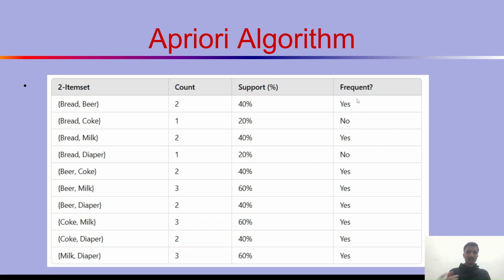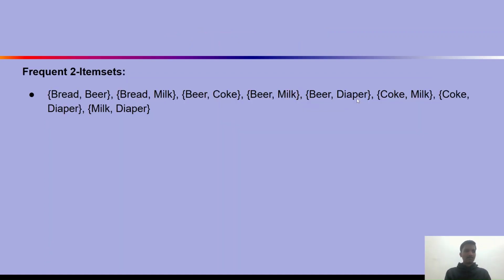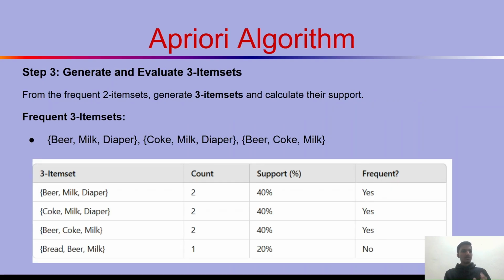Above 40% support count is frequent, so we label it. We came to know that these item sets are frequent, and with the two frequent item sets we make three-item sets, arranging combinations of 3, and we count the support count the same way.